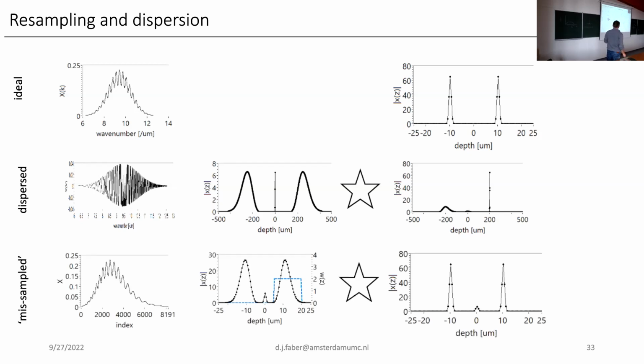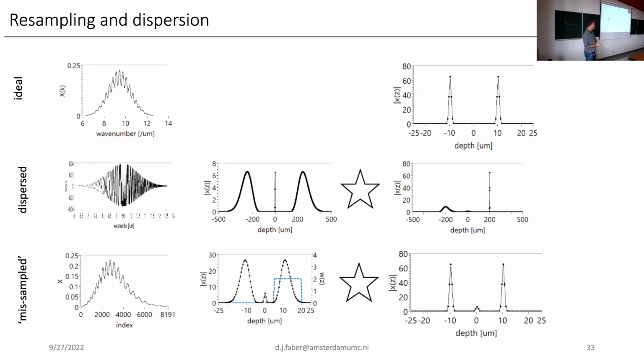And then there is the effect of the sampling. So this still assumes evenly spaced points, but in reality this is not the case. So now we have the spectrum here as a function of pixel index on the spectrometer instead of wave number. If you were to Fourier transform that, you would also get a signal that is broad.